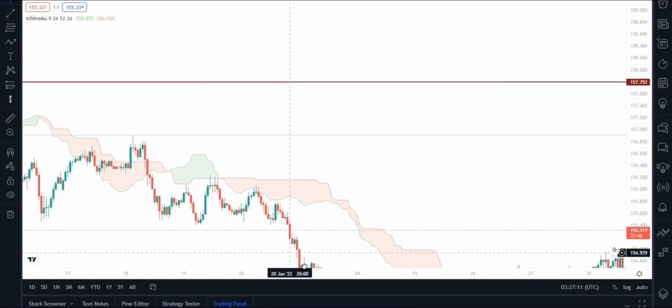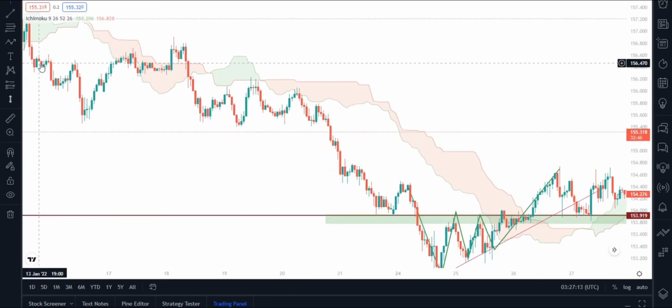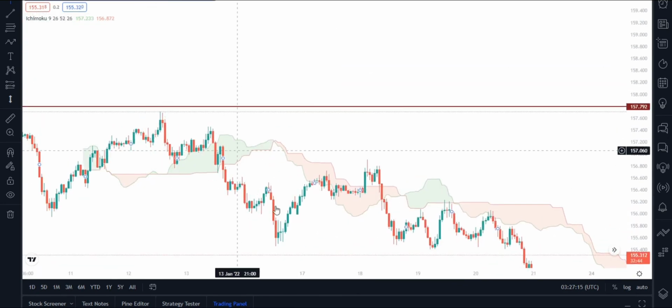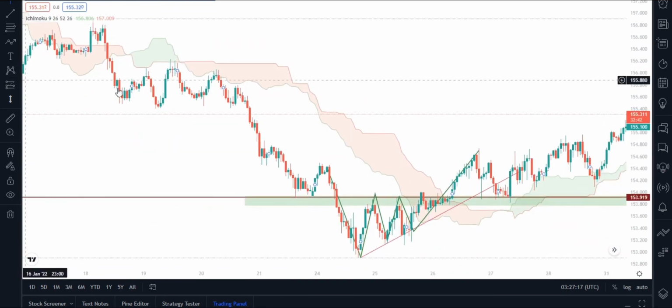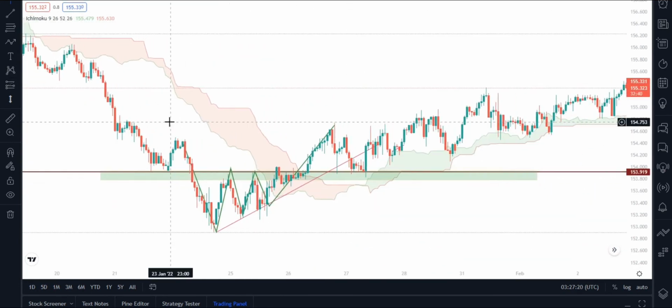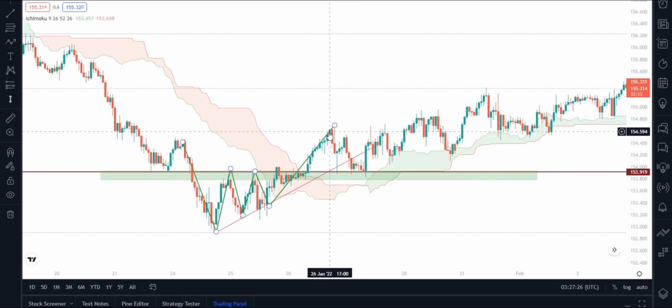From all the way when the market was coming down, from all the way here, you could see that the market was below the Ichimoku Cloud all along until this level when the market broke decisively above the Ichimoku Cloud. So from here, the fifth one, the market broke above the Ichimoku Cloud.